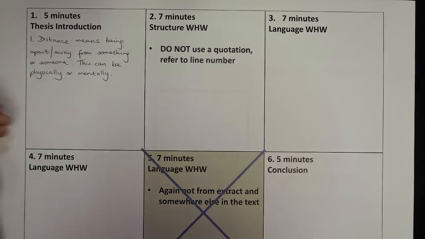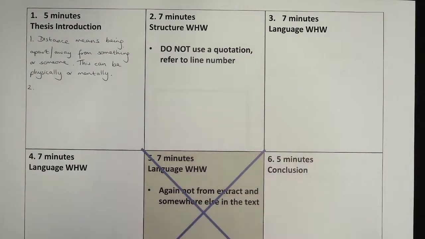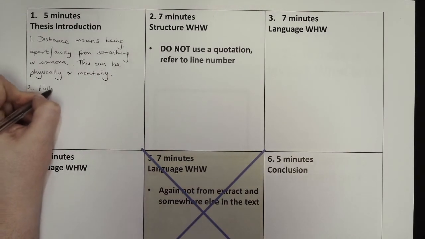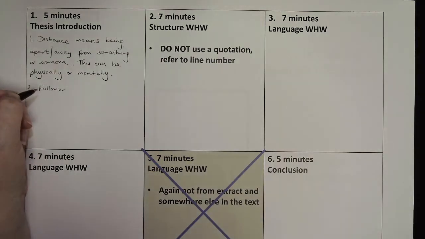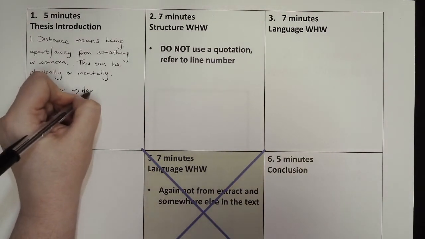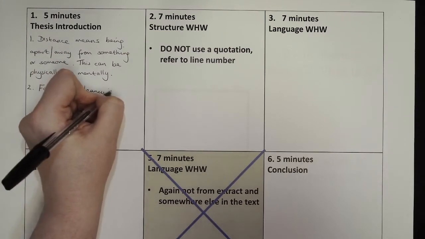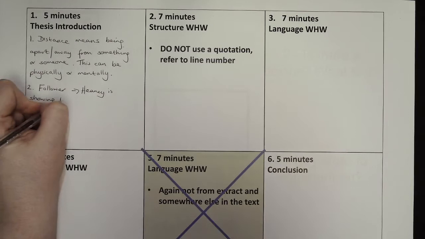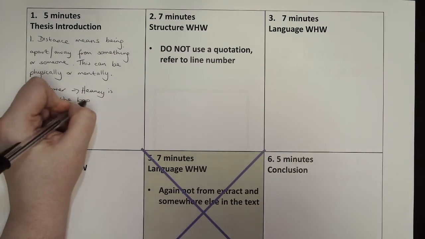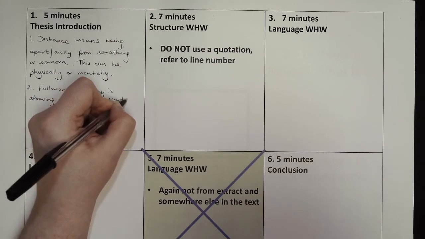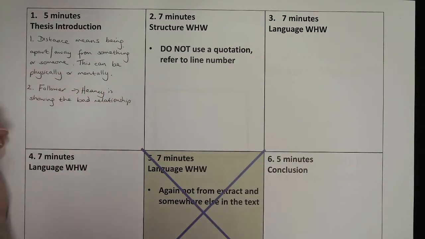So sentence 2 was, how does it link to the poems that we are going to be looking at? Well, the first poem, the named poem in the question, is Follower. In this poem, Heaney is showing the bad relationship he has with his dad mentally.